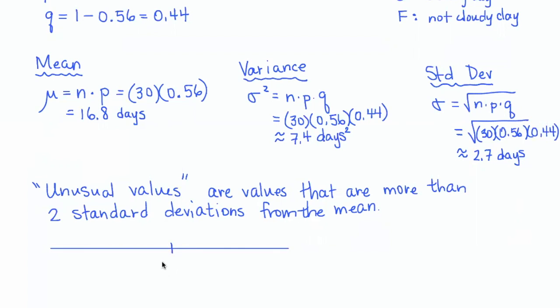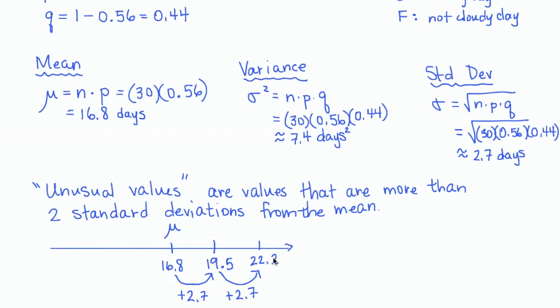It's just one way to look at it. If my mean is 16.8 and a standard deviation is 2.7 days, I can add that 2.7 on to figure out the number that would be located 1 standard deviation above the mean. And again, this is my mean. So 16.8 plus 2.7 is 19.5. And then if I add another standard deviation on, I get the number 22.2.